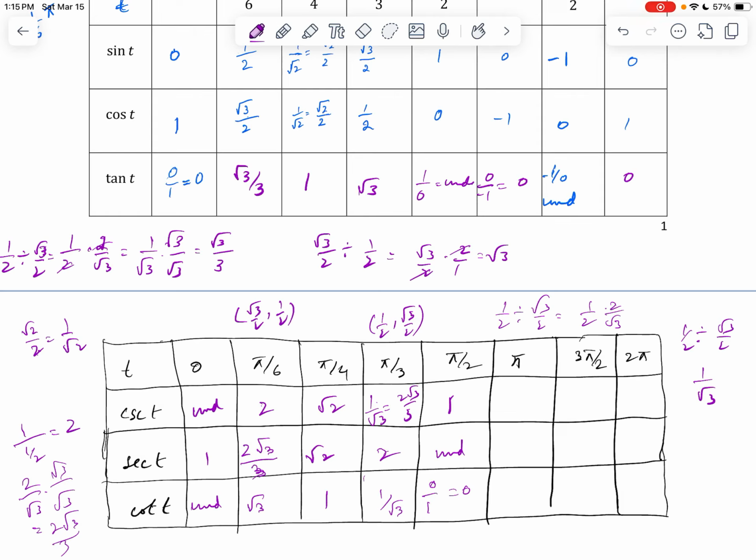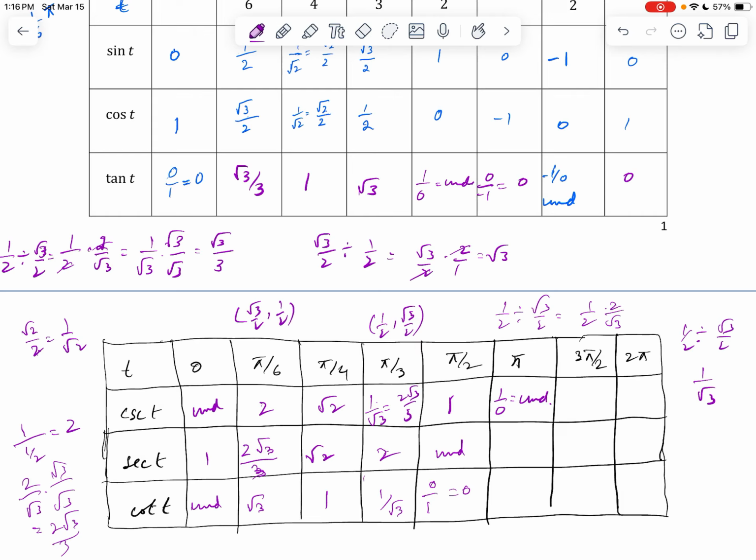Now for pi, cosecant of t will be 1 over y. The y coordinate is 0. So we get 1 over 0, which is undefined, not 0. Three pi over 2.